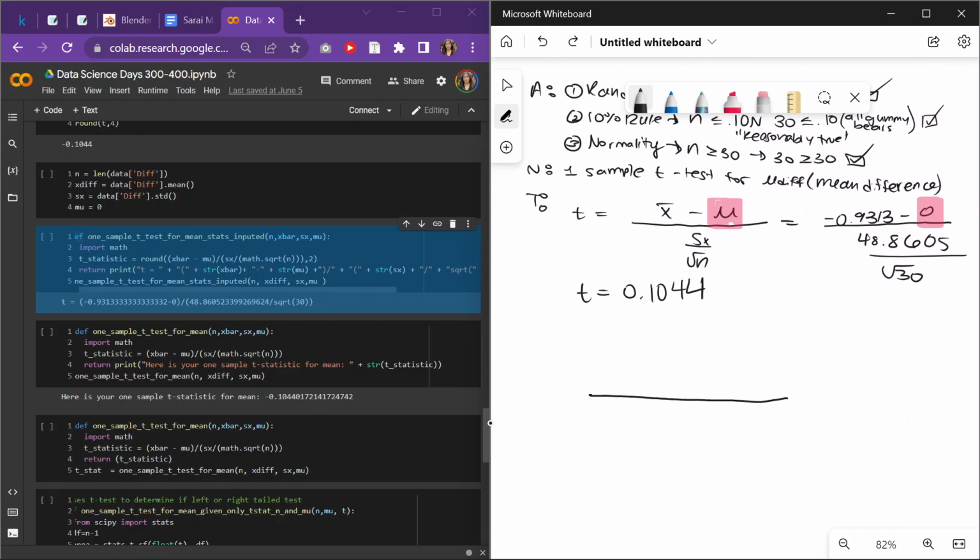Let me see. So that's not a straight line. Oops.